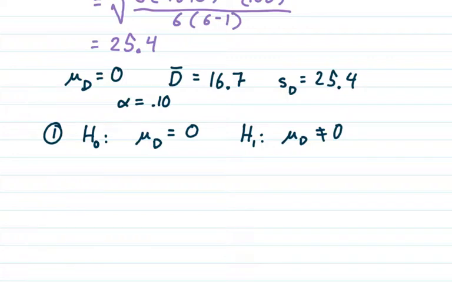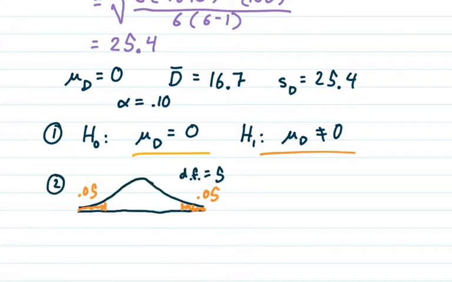So notice here there's no specific direction that they have in mind. They're not thinking, well, this will increase cholesterol. They're just seeing, well, what will this do? Will it do 0 or will it do not 0? That's basically it.